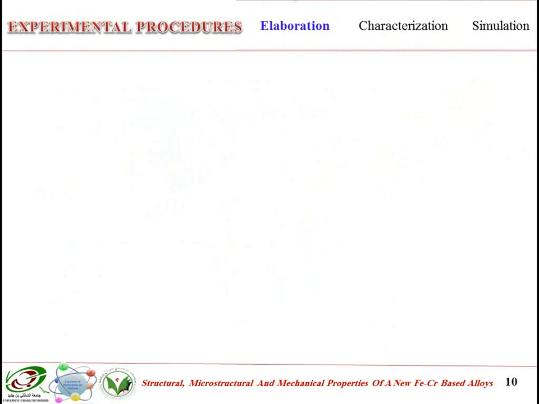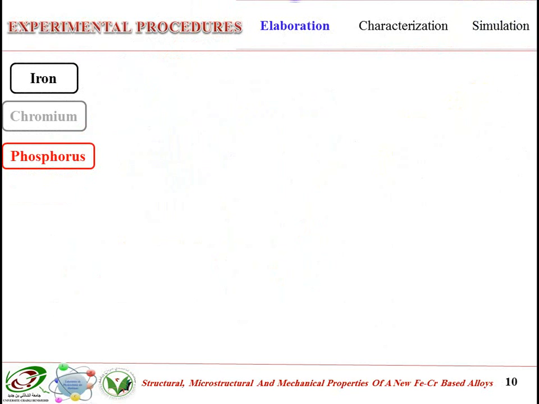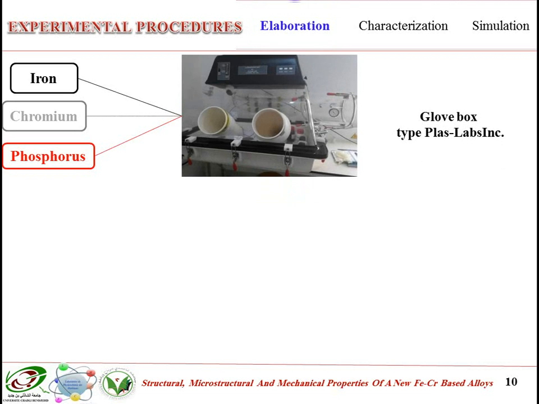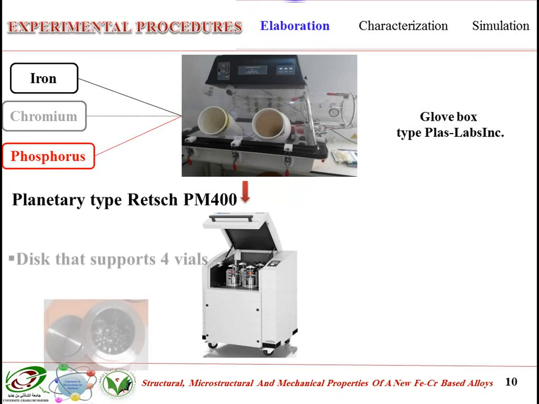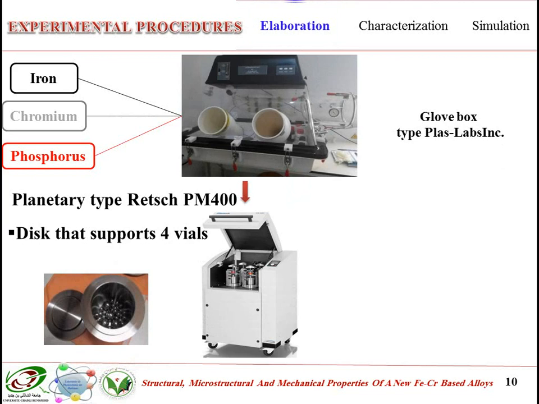The elaboration starts from pure elementary iron, chromium, and red phosphorus. Powders were handled in a glove box under inert atmosphere to avoid oxidation. The 4 vials were placed in a planetary mill, Retsch PM 400.